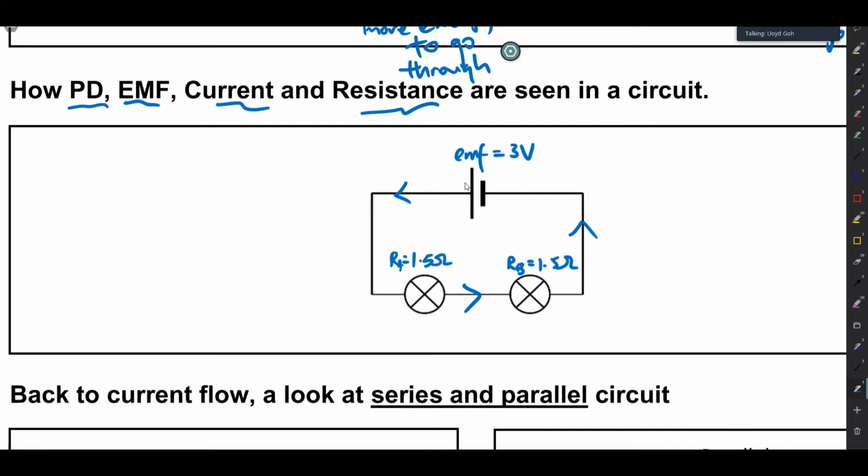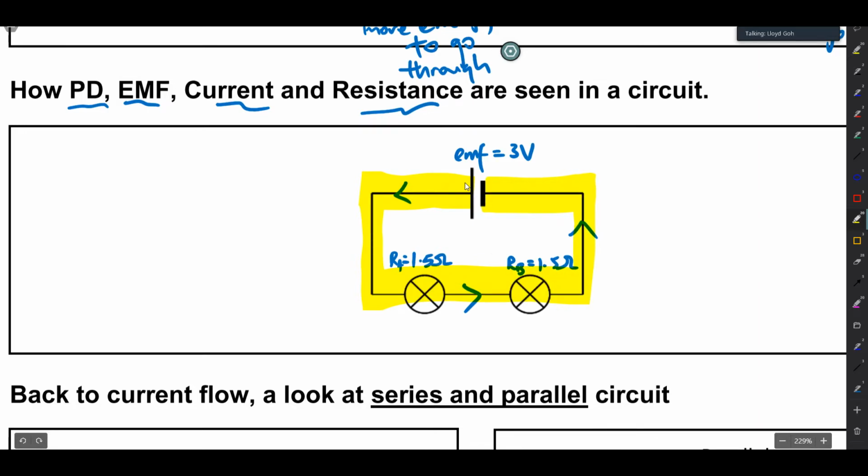We call this a series circuit. Why? Later on I'll explain the idea of series and parallel, but we can call this a series circuit for the main reason that I can actually trace out the current flow in one stroke.